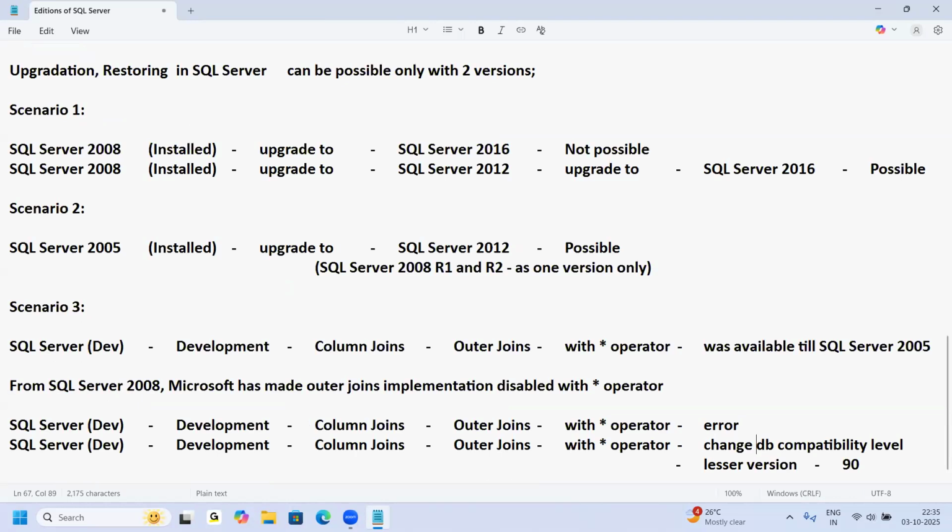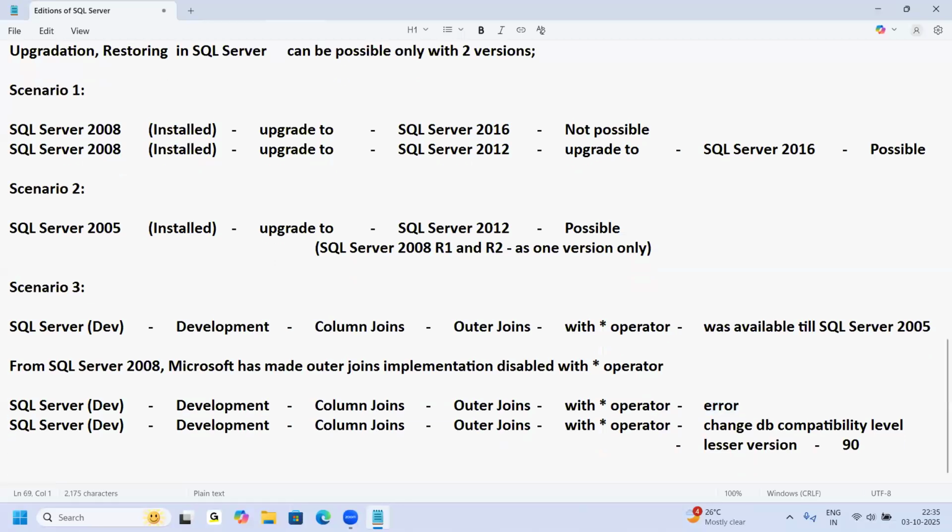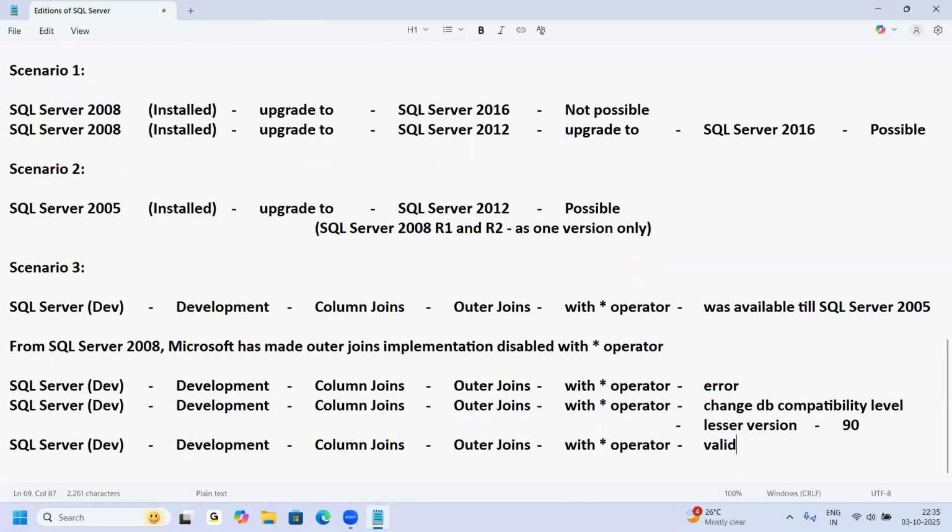No doubt you are working with 2008, but by changing the database compatibility level, you're trying to enable 2005 features in 2008. Now, once you do this, this becomes valid.